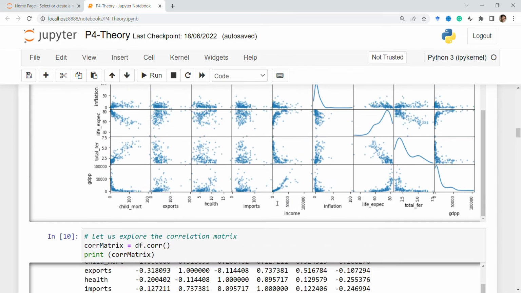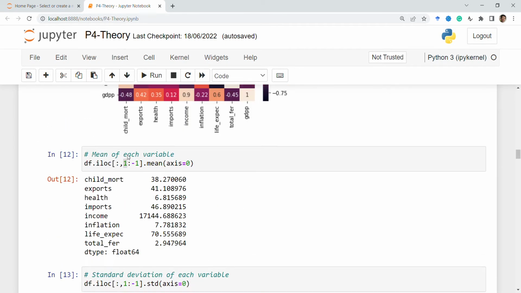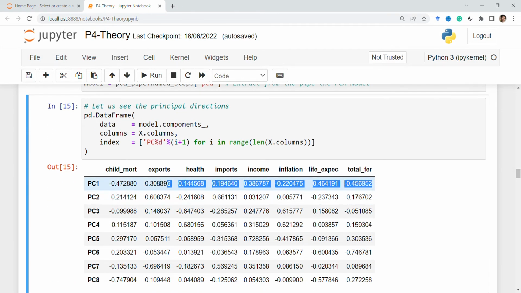So for instance, here we saw that child mortality and life expectancy almost have a linear relationship, meaning that given one, we can predict pretty well the other one. And then it is no surprise that they enter into the PC1 with almost equal coefficients. You see that the size is almost the same for the three of them because they contain the same kind of information. And then the other one, that was income, has a positive value and relatively high.